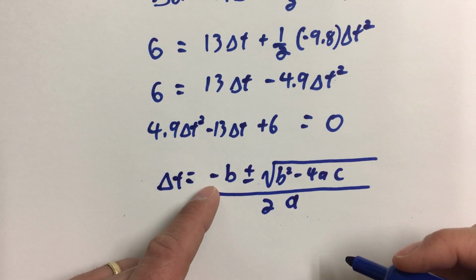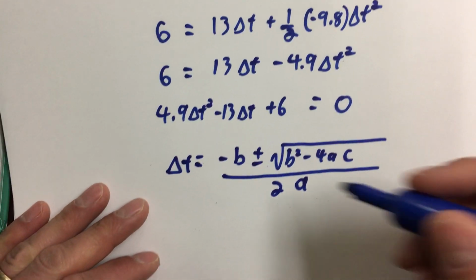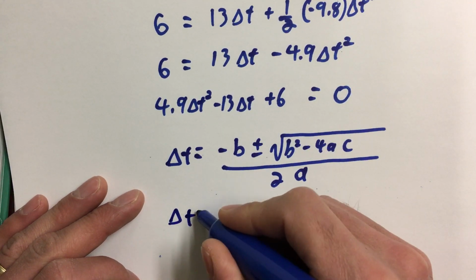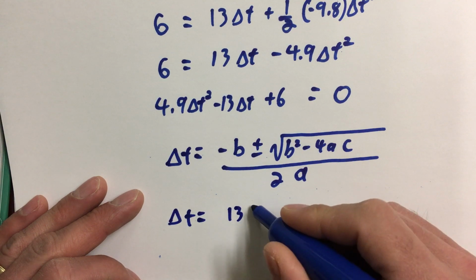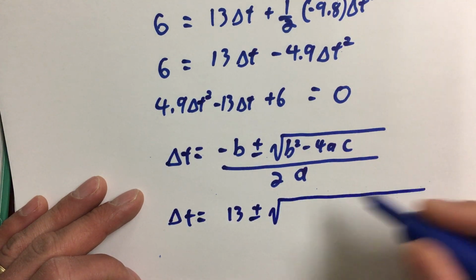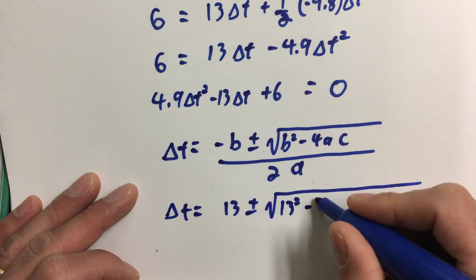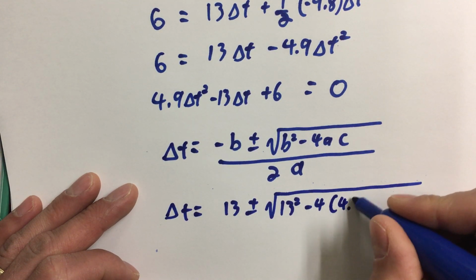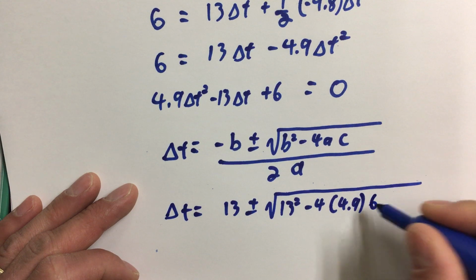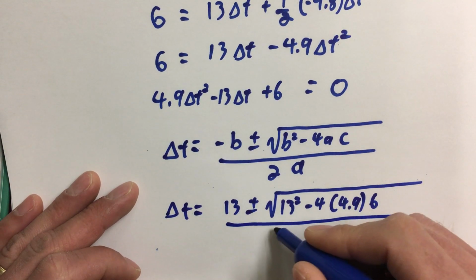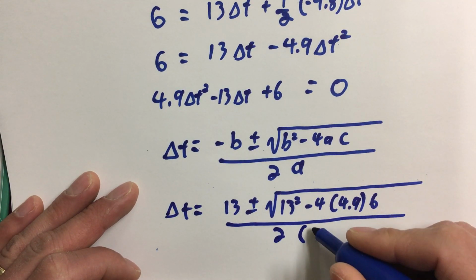If b is negative 13, negative b is going to be positive 13. So my time is 13 plus or minus the square root of 13 squared minus 4 times 4.9 times 6, all over 2 times 4.9.